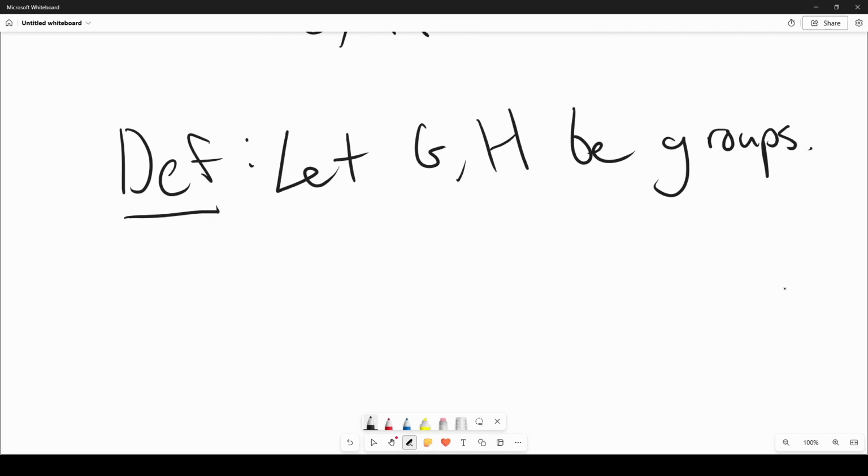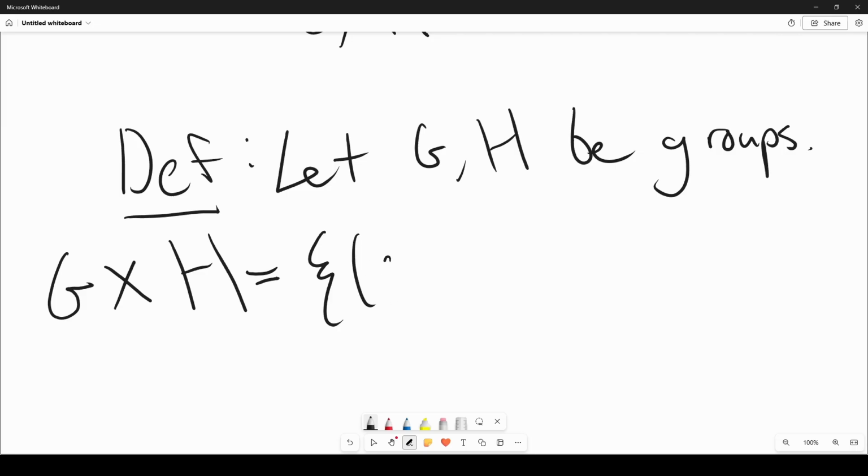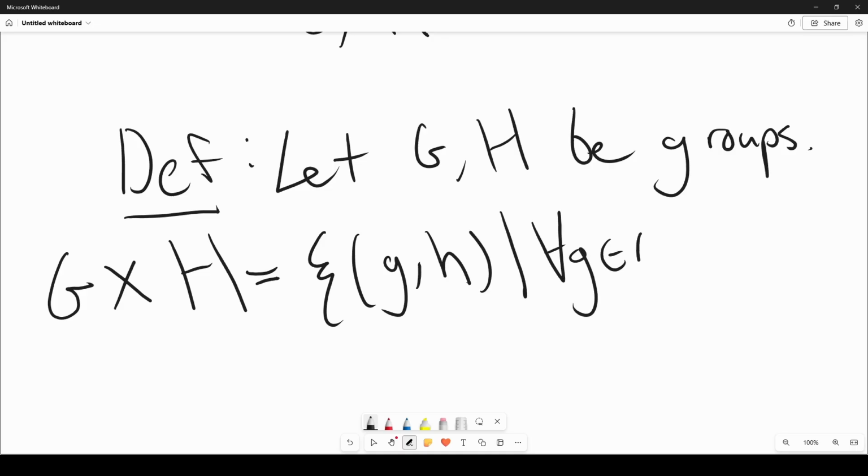We want to define the direct product, which is going to be written as G cross H, which is going to equal the set of elements, which are combinations of G and H, where we're going to have g in G and h in H.